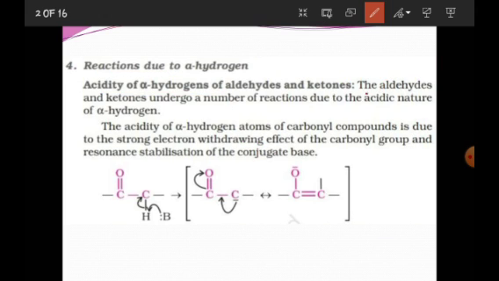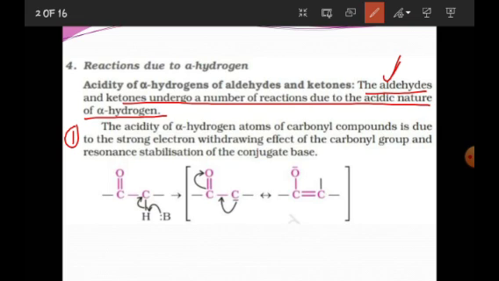Now see, the aldehydes and ketones undergo a number of reactions due to the acidic nature of alpha hydrogen. Since this is removed as H plus, and you know that removal of H plus means the compound is acidic in nature, aldehydes and ketones will also be acidic due to this alpha hydrogen. The acidity of alpha hydrogen atoms of carbonyl compounds is due to two reasons. The first reason is the strong electron withdrawing effect of carbonyl group.